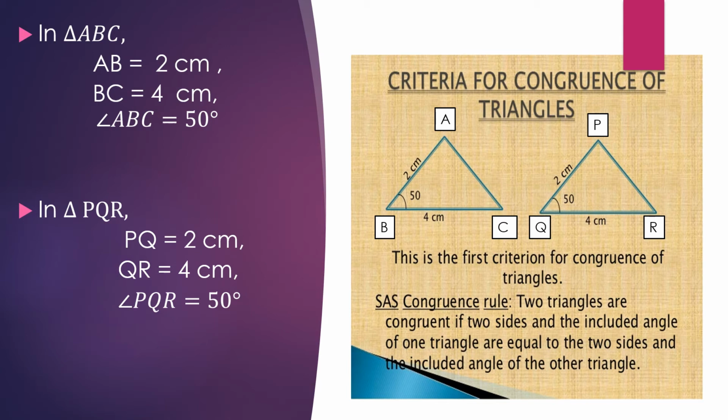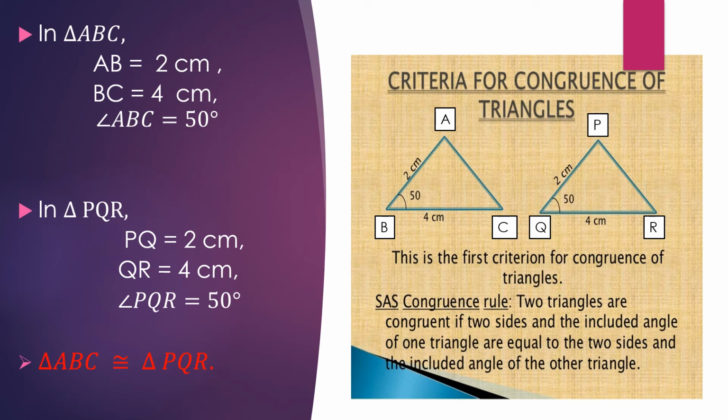So from this we can say that the triangle formed will be exactly like triangle ABC. If we take this triangle PQR over to this one, they will overlap exactly. So from this we can say that triangle ABC is congruent to triangle PQR.